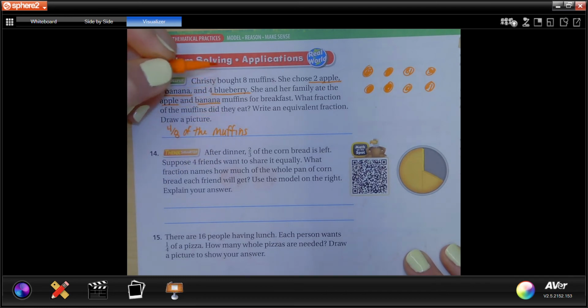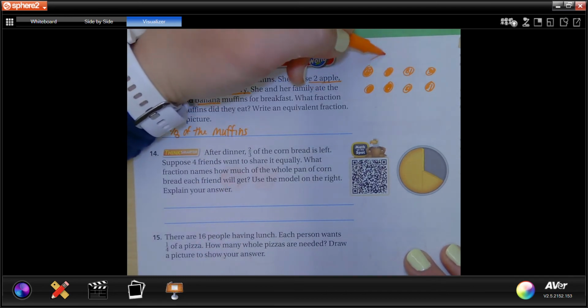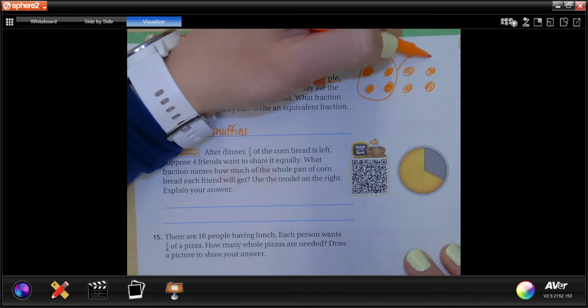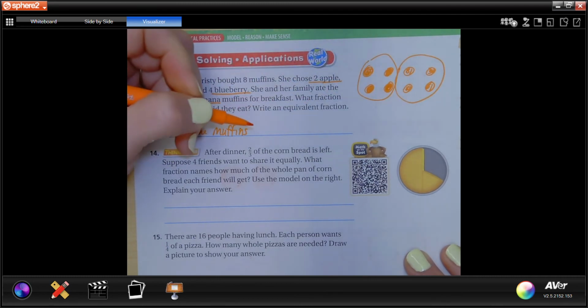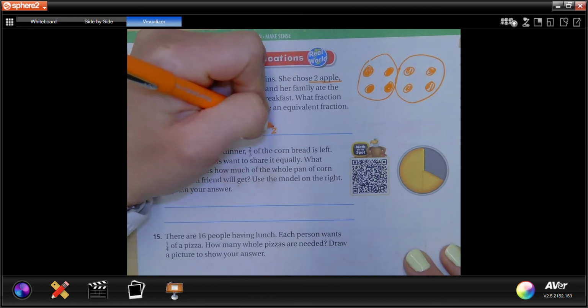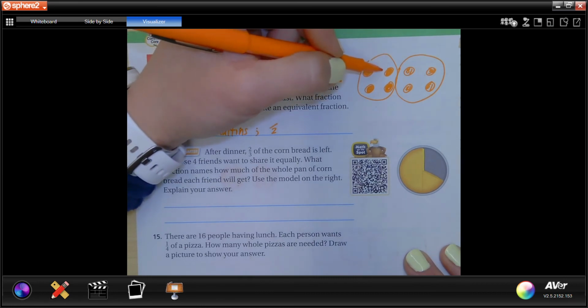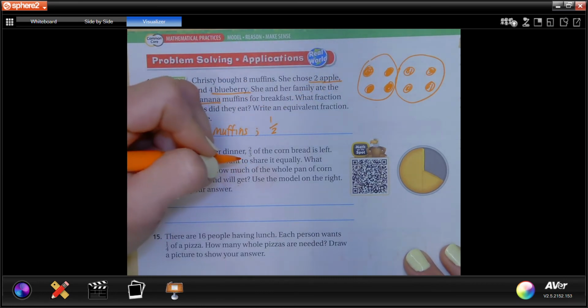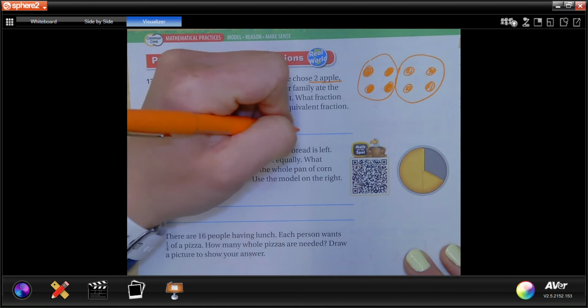Let's find an equivalent fraction. What if we put these into 2 equal groups? Okay, so out of the 2 equal groups, how many did they eat? How many are shaded? 1. So 1/2 is an equivalent fraction.